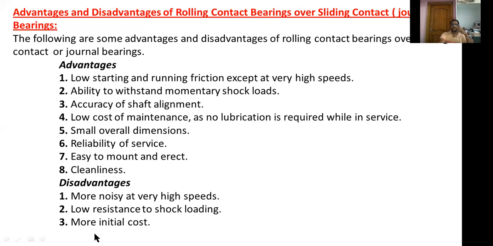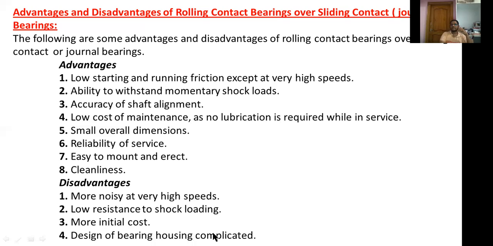These rolling contact bearings also have high initial cost, and the design of the bearing housing is complicated. The design of the bearing housing means that for holding the balls and rollers, we have to make a groove. You have to make an inner race and outer race for holding the balls or rollers.